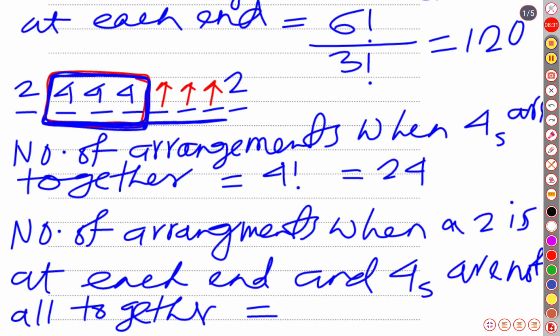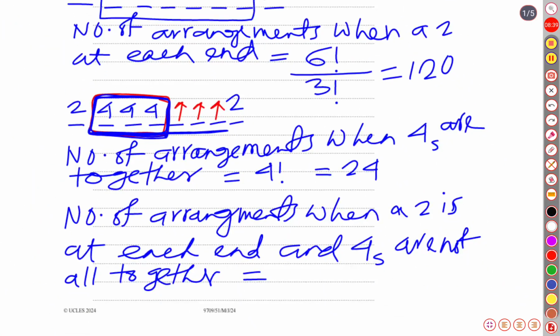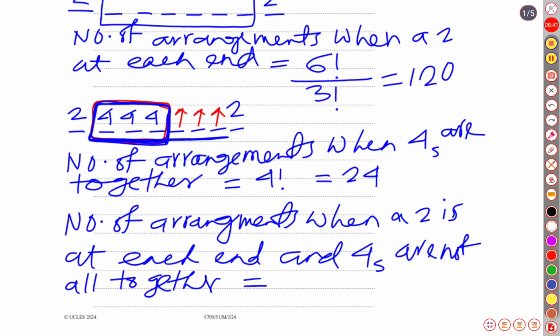So the first part of the solution is when the twos were at each end. Look at this. When the twos were at each end, the number of arrangements was 120. So we will write 120, and from that, if we arrange all the digits keeping all four together, the number of arrangements is going to be 24.